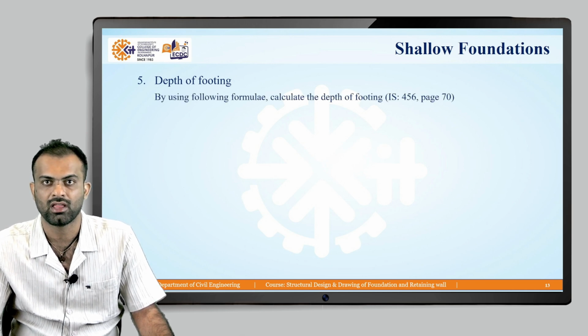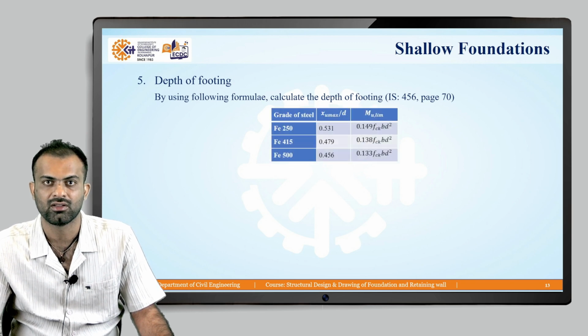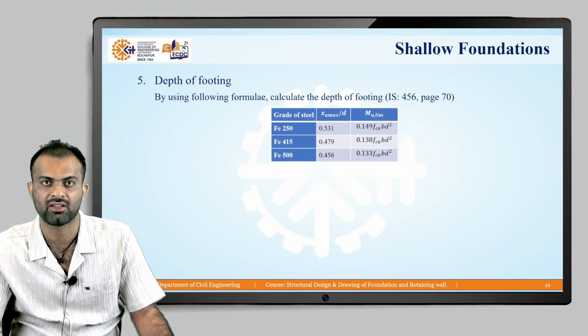In IS 456 page 70, it is provided what the Xu by d ratio is for different reinforcements. If you are using reinforcement of Fe 250 bars, you are going to use this value. If you are using Fe 415 bars, you are going to use this value.